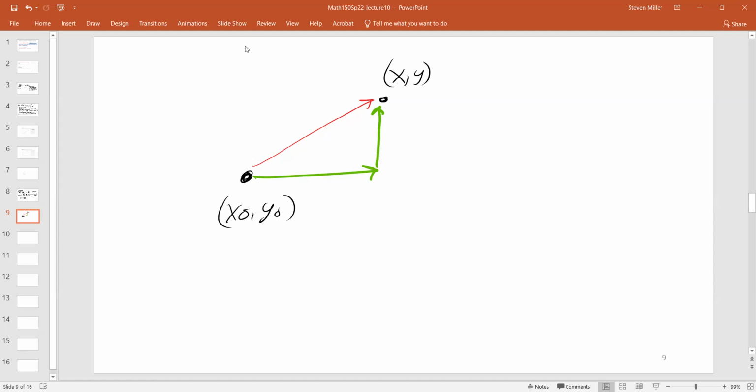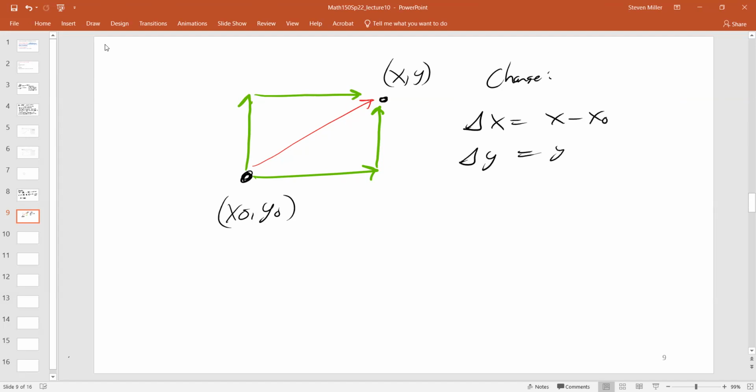If we do that, we could do lots of different paths. And the idea is to try to take into account what kind of changes we have. So we could look at that. We could go this way as well. And what we could do is try to see how the function is changing as we move over different ways. So what is my change? The change in X is X minus X naught. The change in Y is Y minus Y naught.